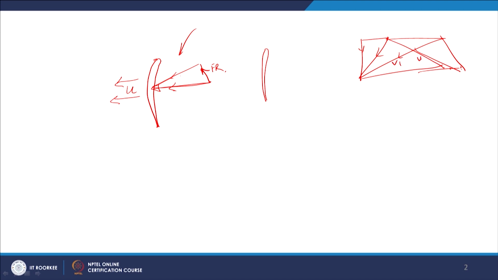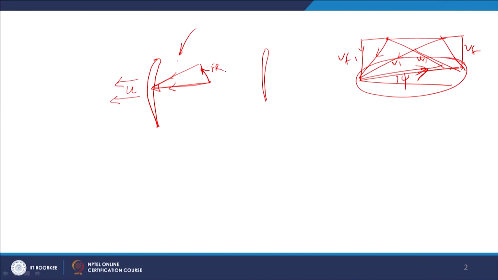This is V1, this is VR1, and this is the change in velocity in the axial direction, Vf1, Vf2. The net force working on the disc plus this force would be the gross force working on the blade. Right now we will neglect this. So the net force working on the blade is the sum of the impulse force and the reaction force. Now the term degree of reaction comes into the picture.